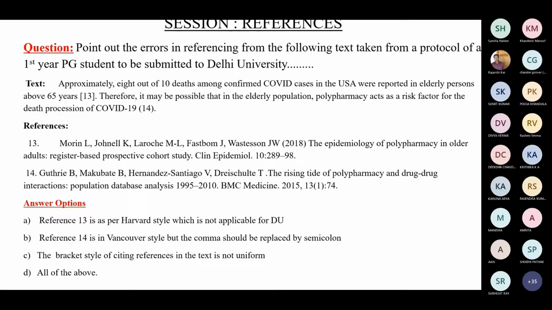And option C is also correct, because in the bracket style of citing references, whether you use square brackets or round brackets, in Vancouver style you generally use square brackets or superscript. So whatever you use, it should be uniform, and it is not uniform here. So all three are errors here.